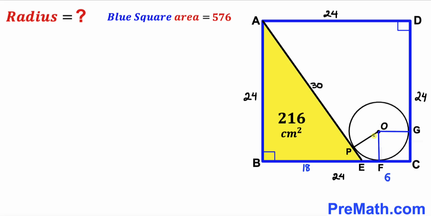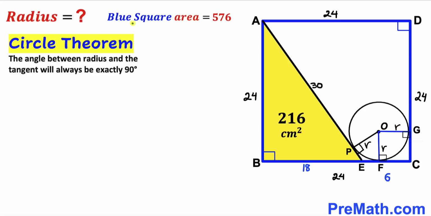And now let's make an observation. We can see this OP is the radius of this circle. So I'm going to label this one as lowercase r. Likewise, OF is going to be the radius lowercase r, and OG is lowercase r as well. And now let's recall the circle theorem. The angle between the radius and the tangent will always be 90 degrees.